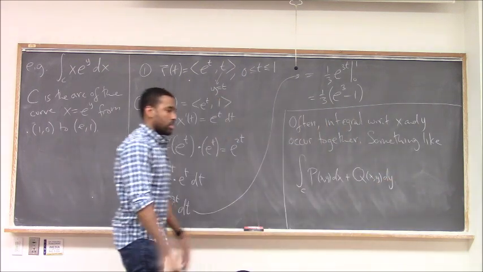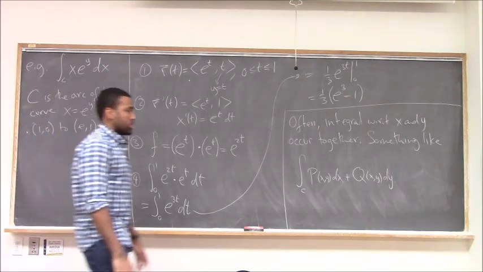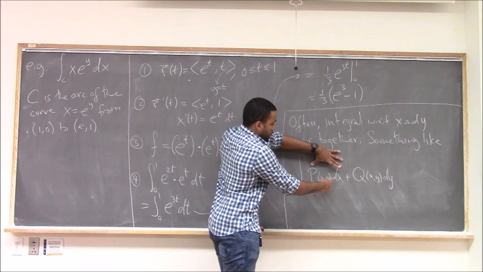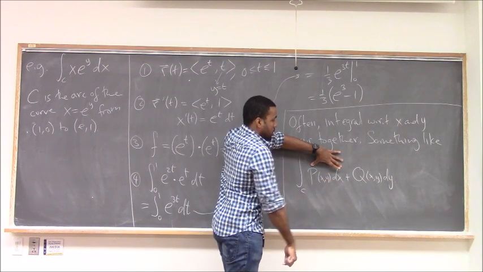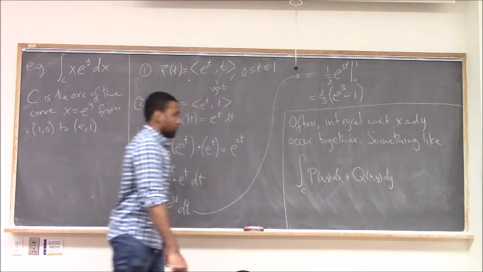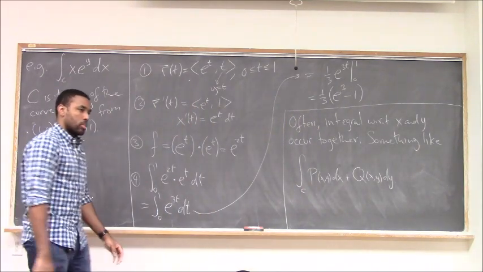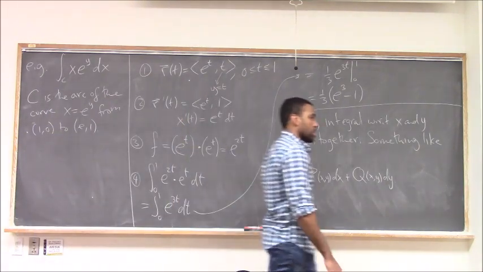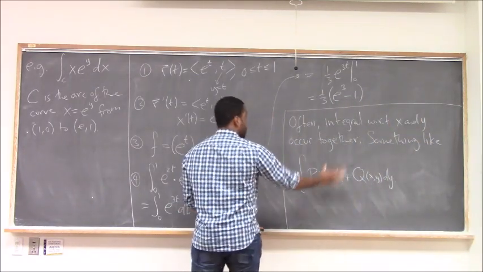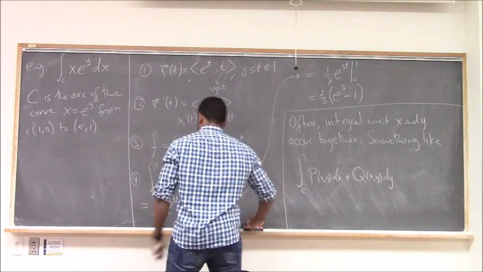Right? So something like that could happen. In which case, you do it one piece at a time. You parameterize this, you plug in the x prime here, and then you parameterize this, you plug in the y prime. And this in particular is a very important integral. We'll talk about this later on. It gives you something like work. But it's basically just doing two of these guys.